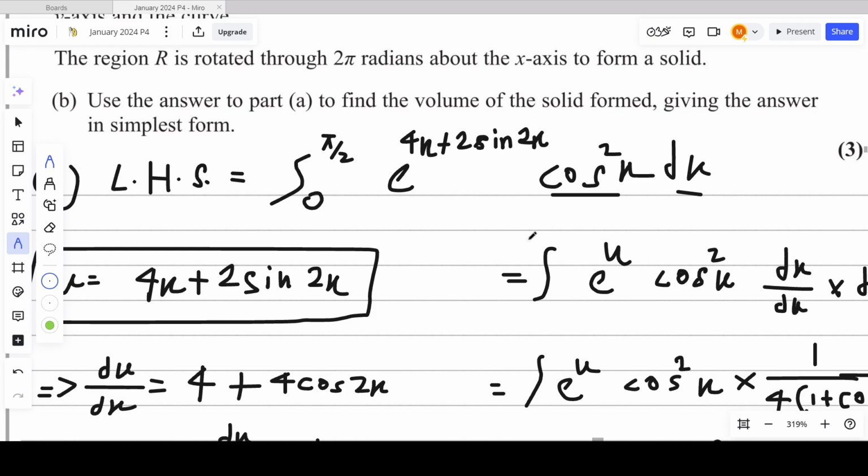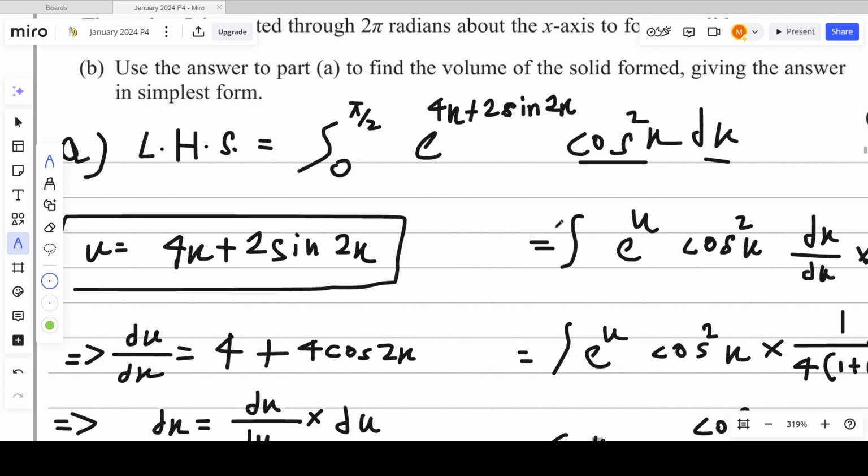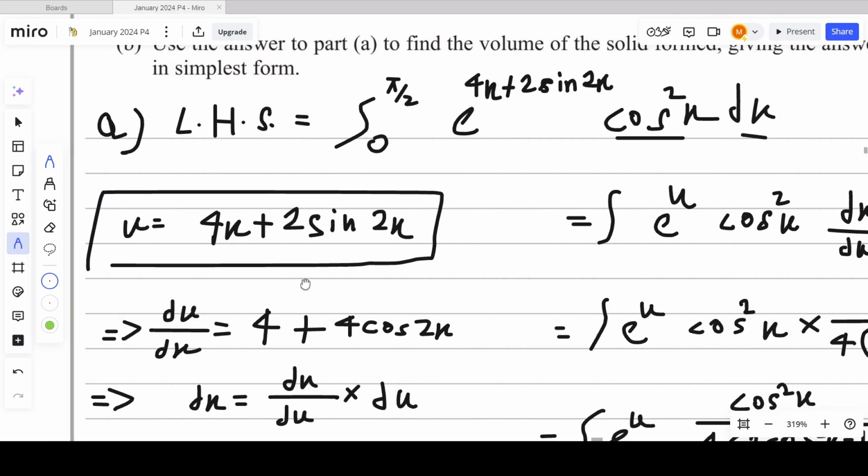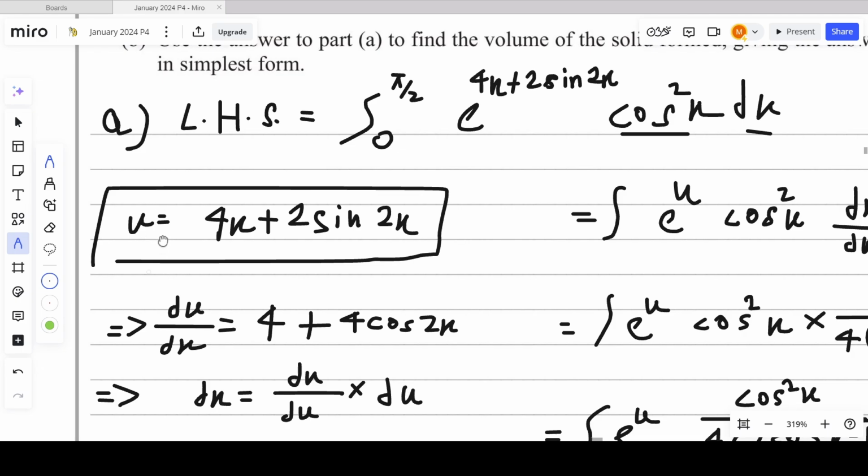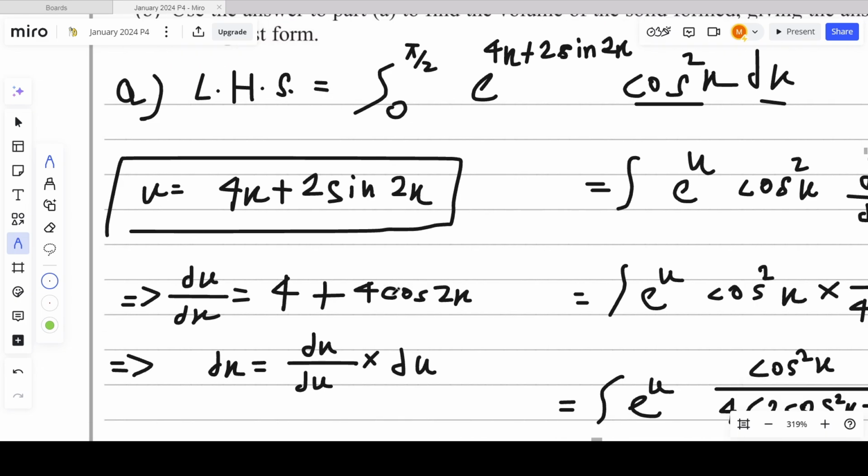So dx is done. The main concern is cos squared x. As I eliminated dx by differentiating the substitute u, I got 4 plus 4 cos 2x. So try to relate what I got and what is remaining in the integral.